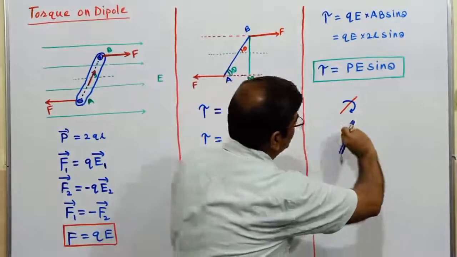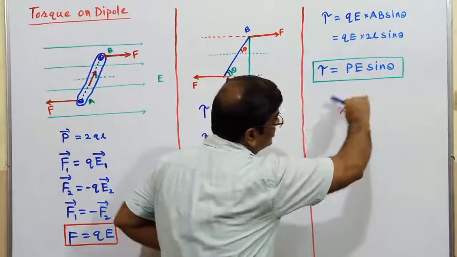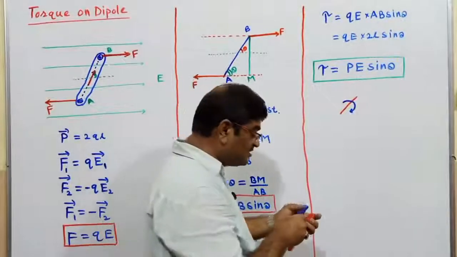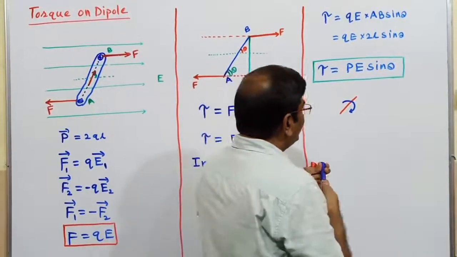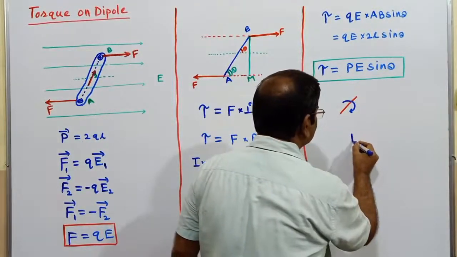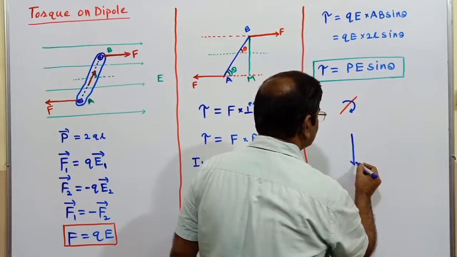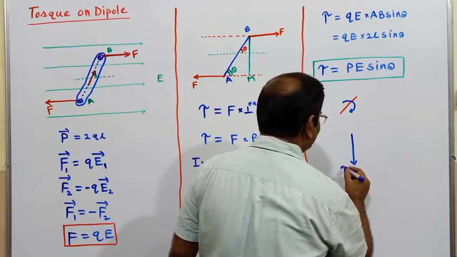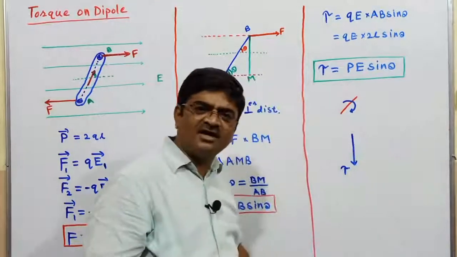I want to show it like this. Then in that case, the vector torque which I am trying to represent is downward, downward into the plane, and I have to say that.